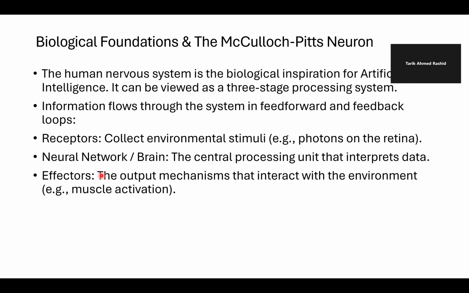We have receptors, which collect environmental stimuli, for example photons, and we have the brain or neural network, the central processing unit, or CPU, that can analyze or process data. And we also have effectors, which are the output mechanism that interact with the environment.